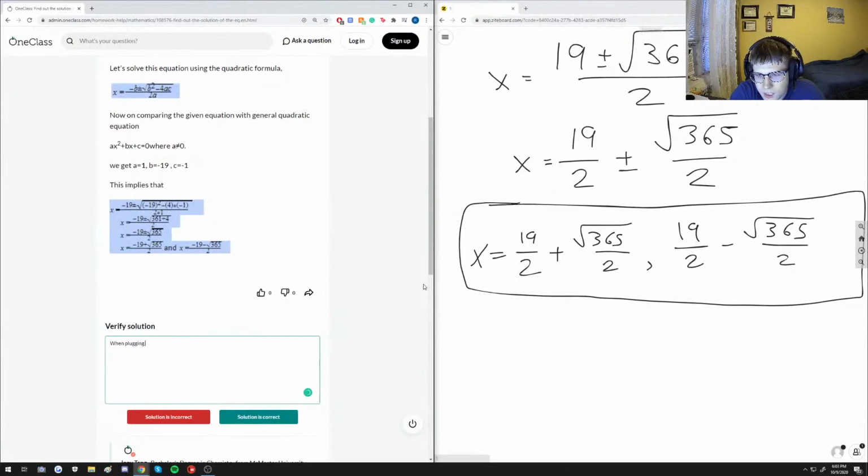When plugging in for the quadratic equation, b is equal to minus 19, therefore minus b is equal to 19, hence the solutions are 19 plus square root of 365 over 2 and 19 minus square root of 365 over 2.